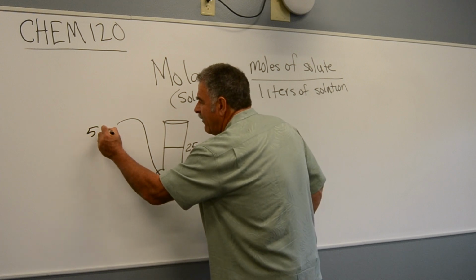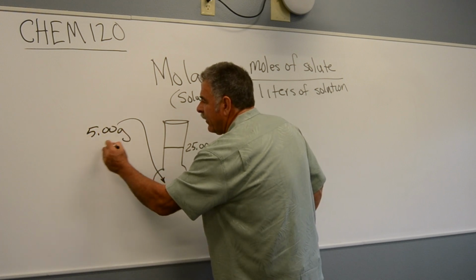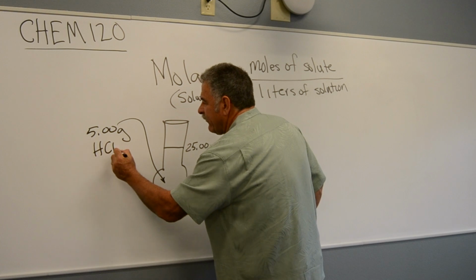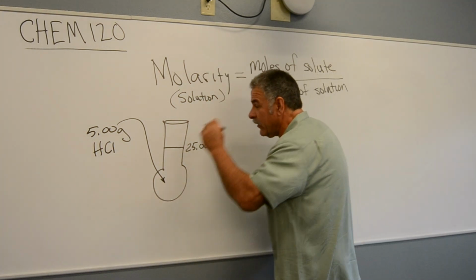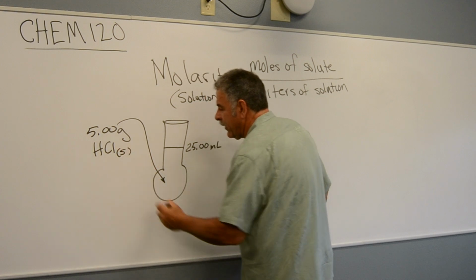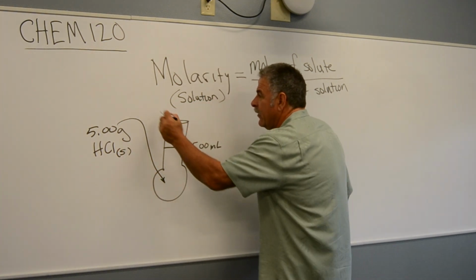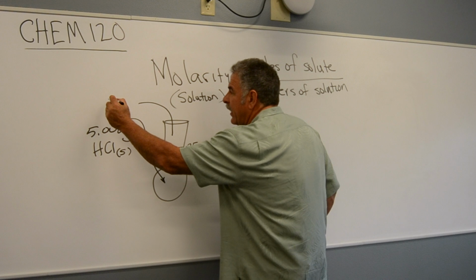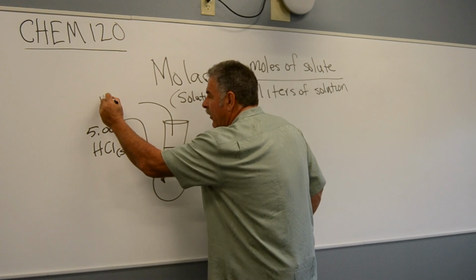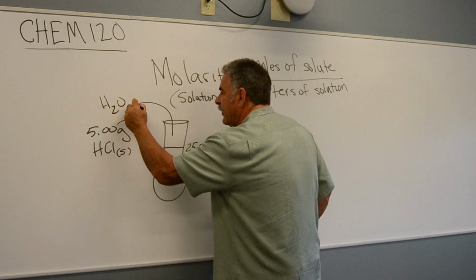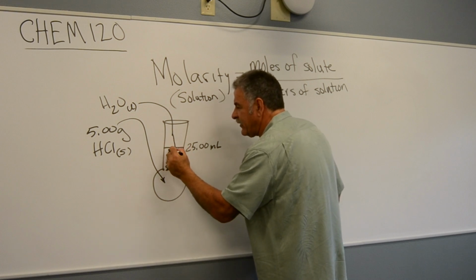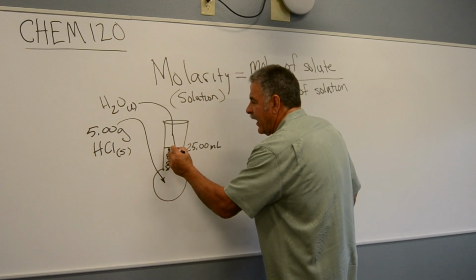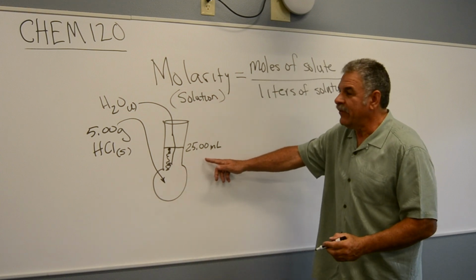Let's say 5 grams of HCl, or hydrogen chloride, undissolved. This is a solid, right? Then, from the top, we put in our water, our H2O, liquid, right? And we fill this thing up with water all the way to this line. And now, that's 25 milliliters of solution.